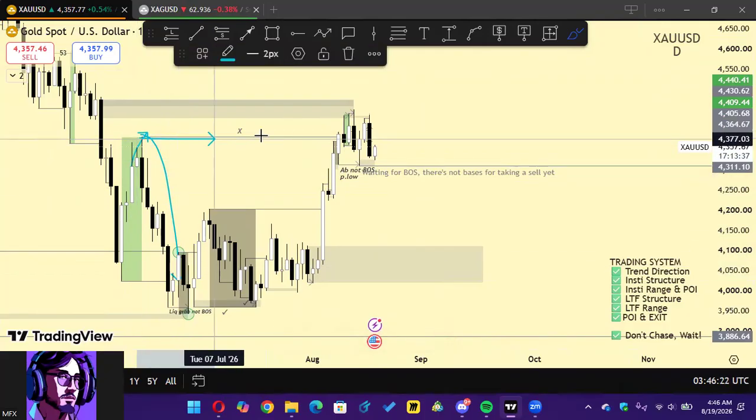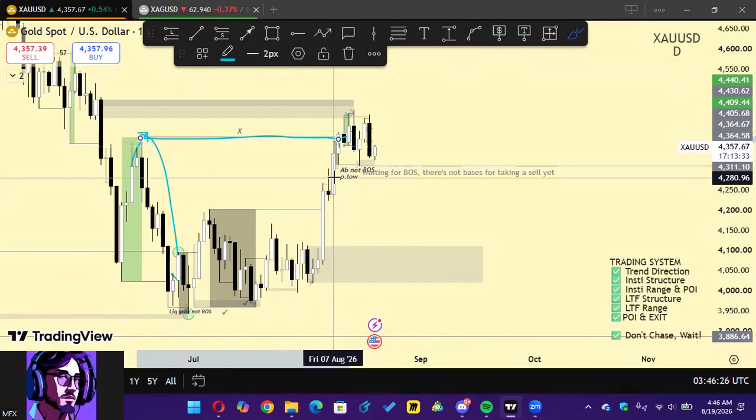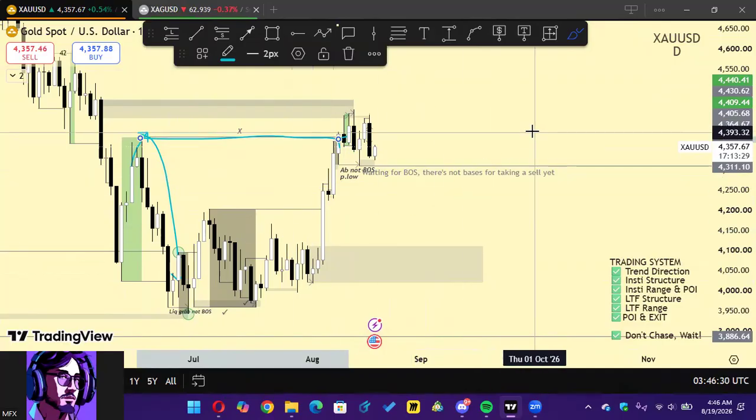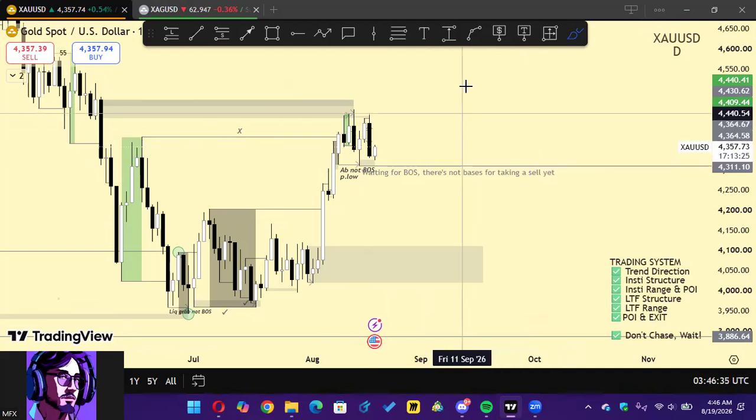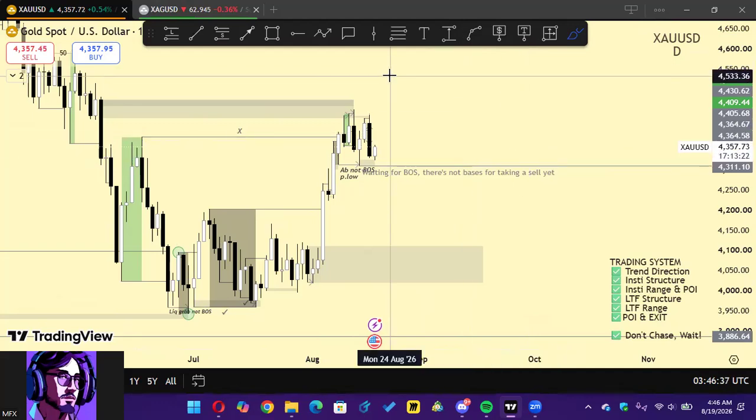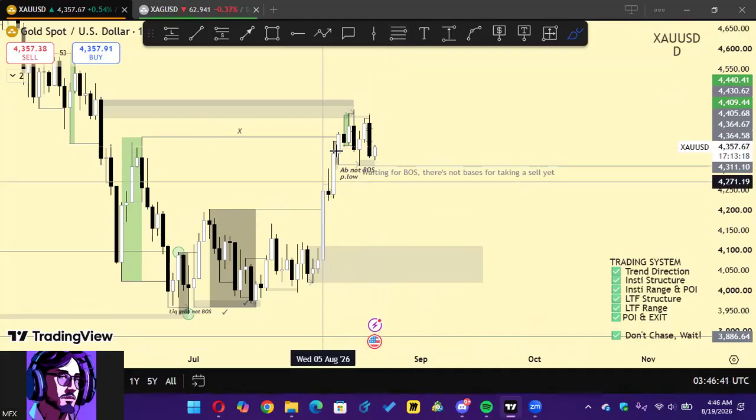We've also mitigated it with a break of structure, a candlestick close, a mitigation with the candlestick close. Yeah, we've also done that, which is quite impressive and also validates more signs of bullishness of price. So that's that. We've mitigated this.